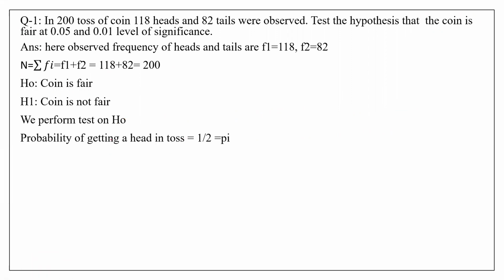That is why I have taken the probability of getting a head in a toss as 1 by 2, which I have taken as pi, or the probability of the ith toss. Ith means one of the 200 tosses. I'm talking in general. So in a toss, 1 by 2 is the probability of getting a head, because it's a fair coin. We are doing a test on the null hypothesis here.